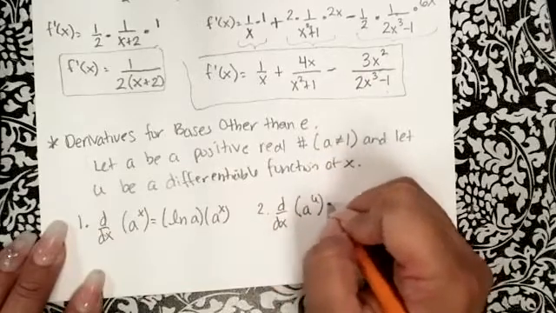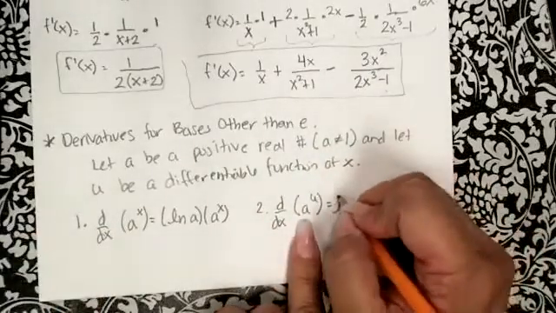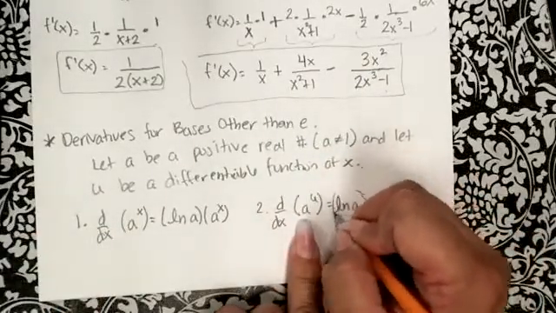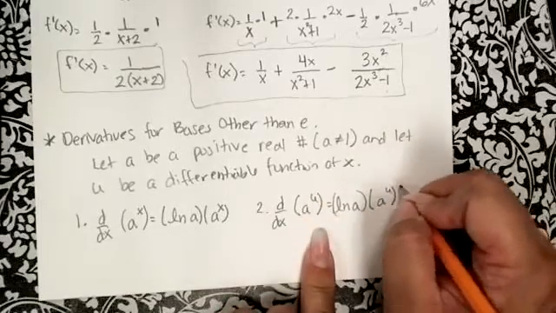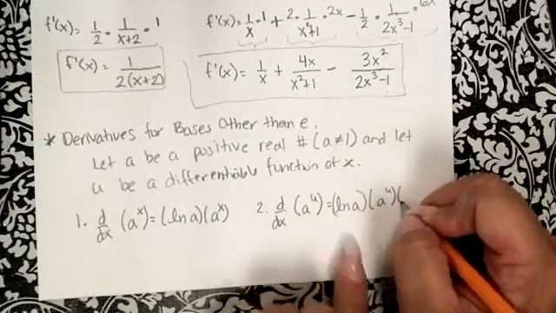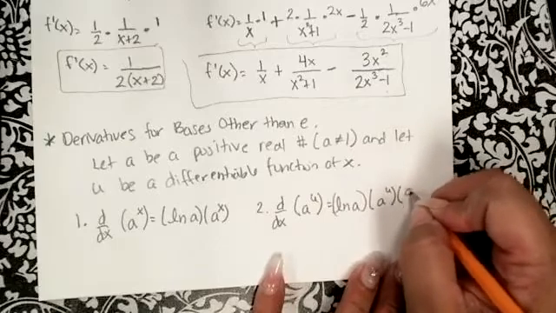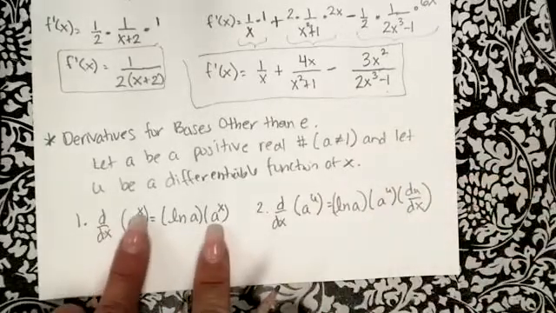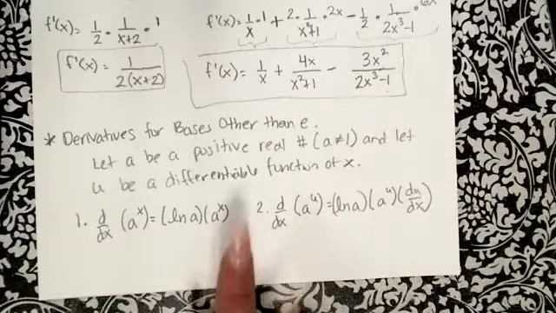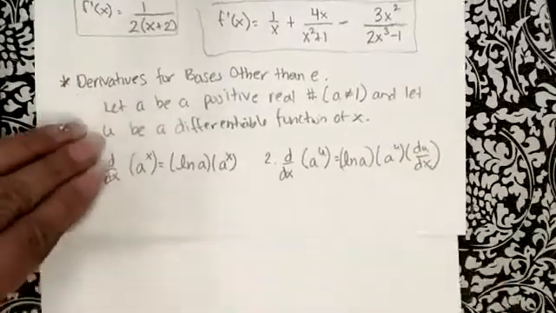If you have a to the u, it's going to be natural log of the base times the function itself times the derivative of the exponent. And the derivative of the exponent is going to be du over dx. Right here, we didn't do it because the derivative of x is just 1.